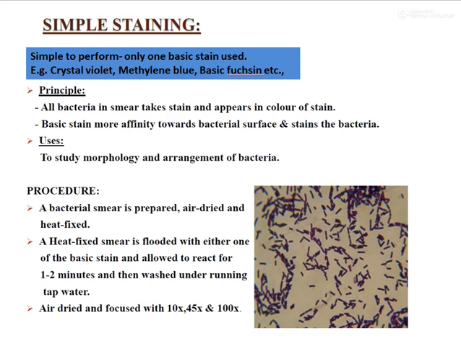Then after keeping it for a period of time, you wash it under running water, air dry the glass slide and view it under the microscope either at 10x, 45x or 100x. Of course, you remember in 100x we use only oil immersion.